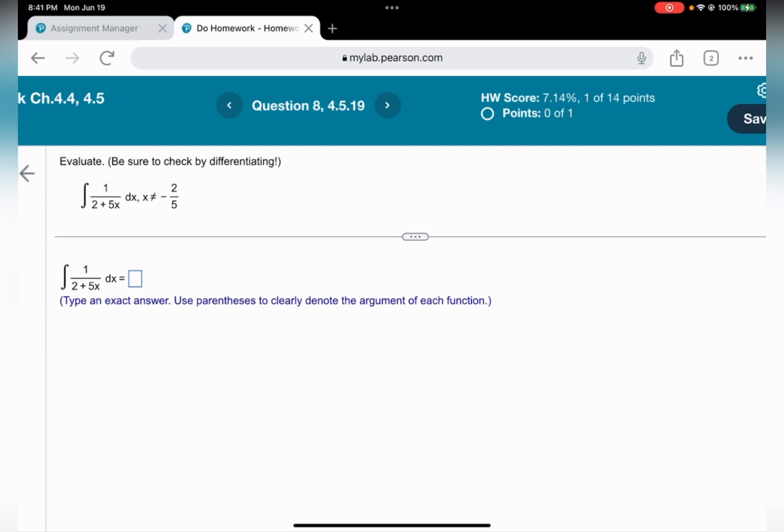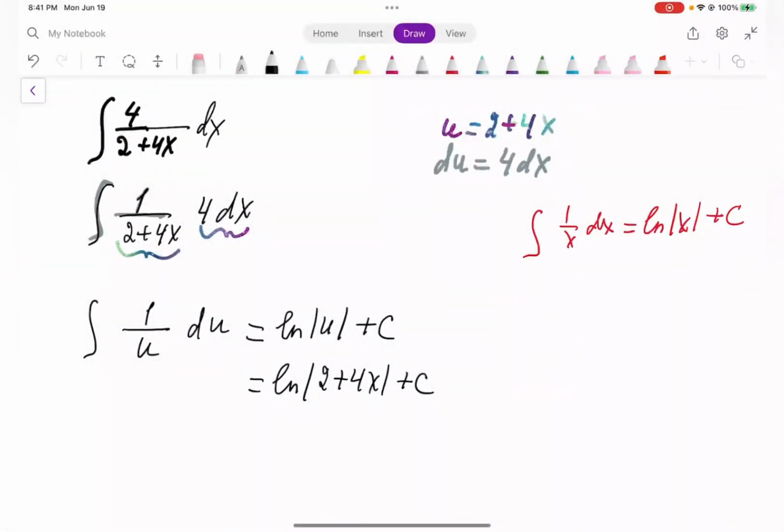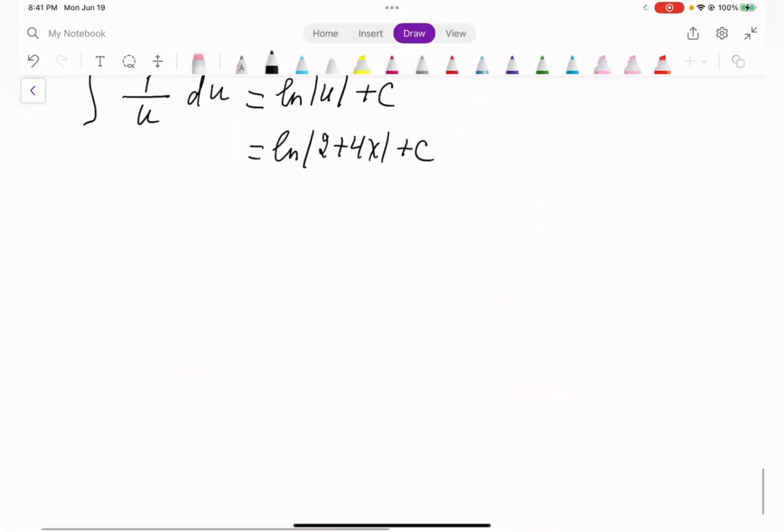Okay, let's now evaluate this one. Let's see how much we're going to get. It's going to be the integral of 1 over 2 plus 5x dx.